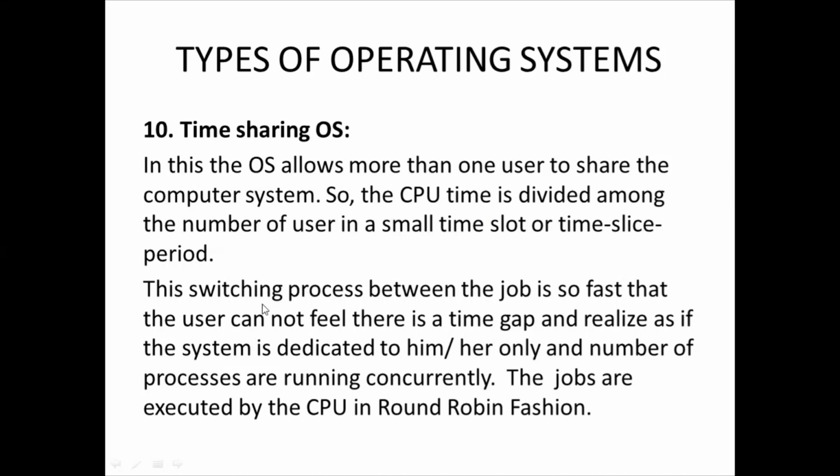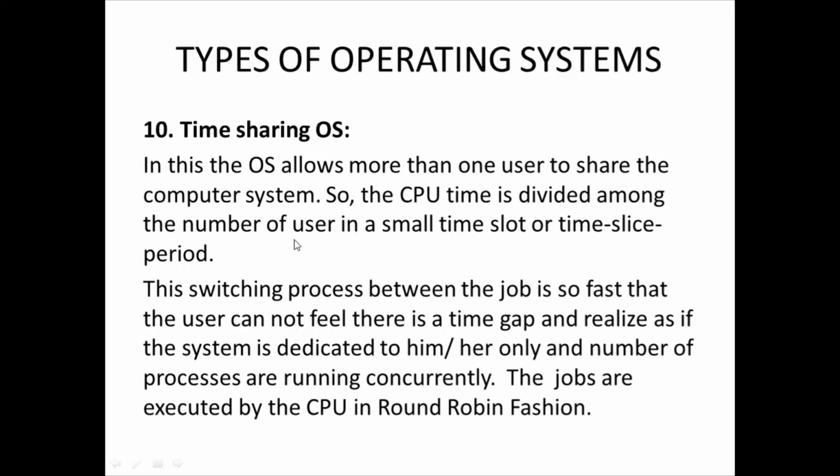This switching process between the jobs is so fast that the user cannot feel there is a time gap, and realizes as if the system is dedicated to him or her only, and a number of processes are running concurrently. The jobs are executed by the CPU in round robin fashion.